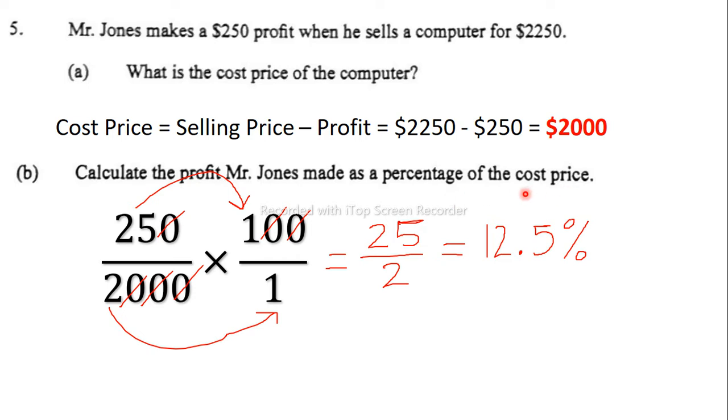So you're definitely going to put it over 2000. Usually the lower number is at the top and the higher number at the bottom. You're not going to put the cost price on top. You're going to put the cost price at the bottom because it's higher, and then the 250 will be on top. That's another way to think of it.